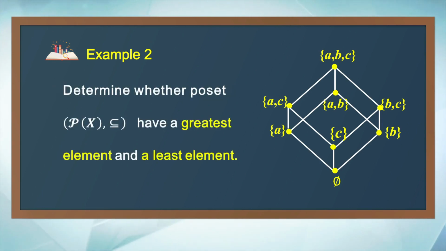Firstly, determine whether this poset has a greatest element and a least element. Using this Hesse diagram, it is easy to see that the greatest element of this poset is the set ABC, the universal set, and the least element of the poset is the empty set.